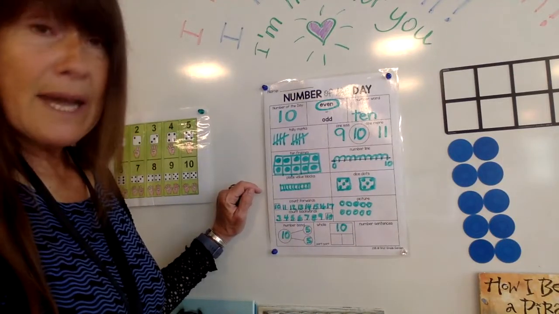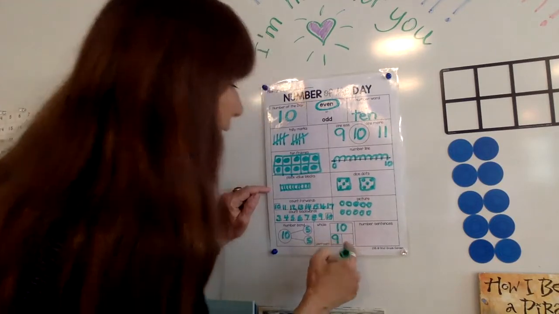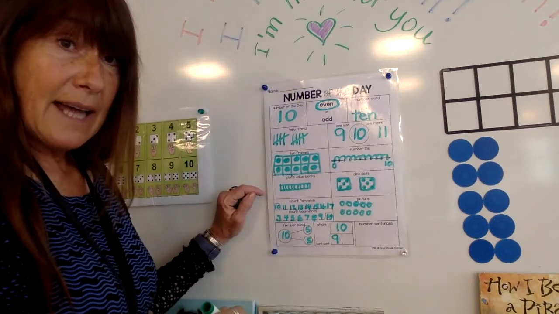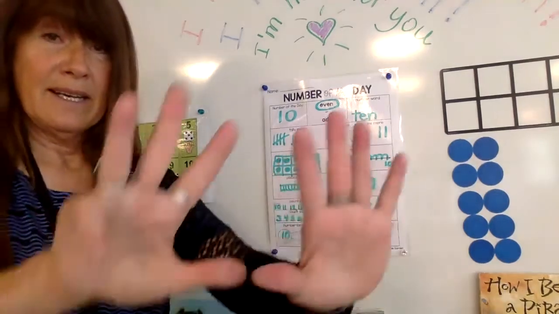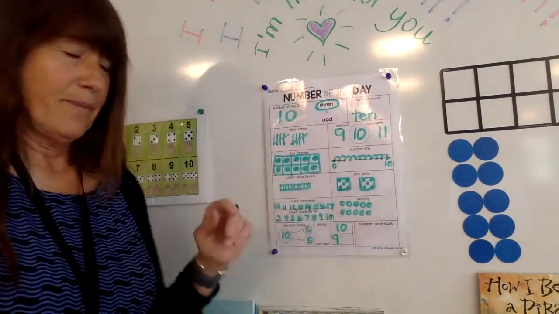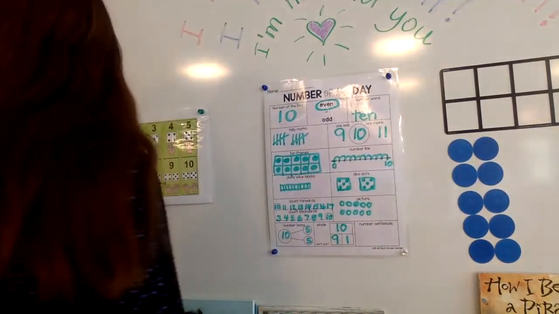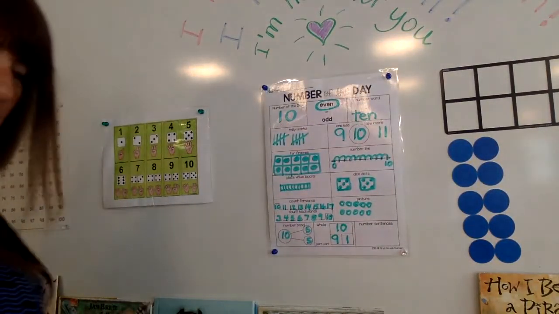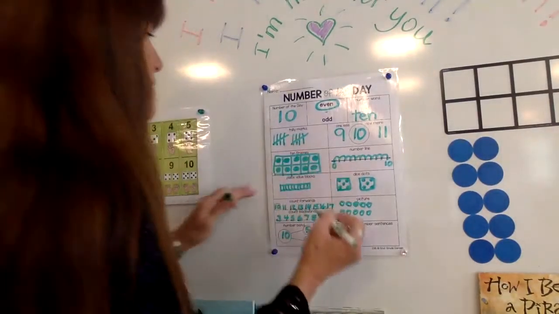So how about if we had 9? I could have 9. How many more would I need to make 10? Well, that's easy, isn't it? If you have 9, 1 more makes 10, right? 9 and 1 more. So I'm going to put 9 here. And I'm going to use a smaller marker to make 2 number sentences.